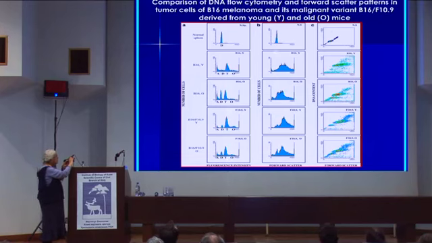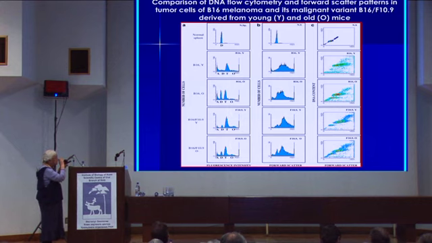If you look at these two curves, we see here the size of tumor cells according to FACS data and forward scatter, and you can see that in the tumor from young mice we have larger cells than those in the old.